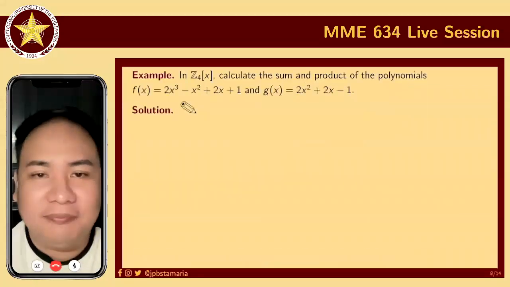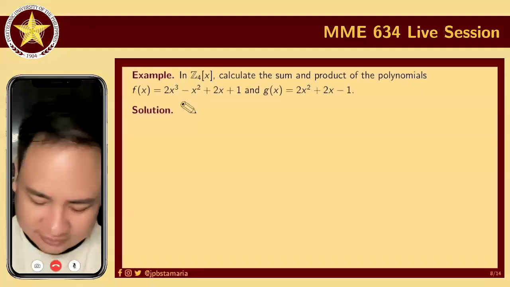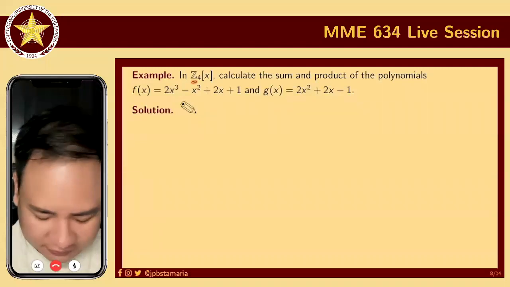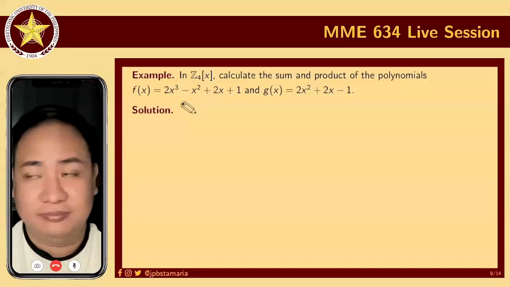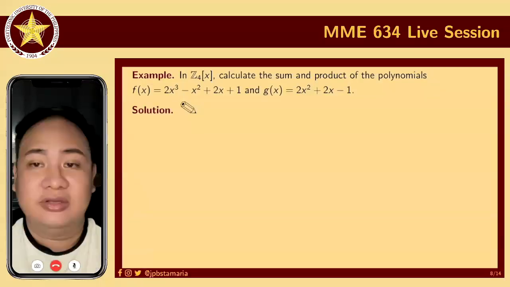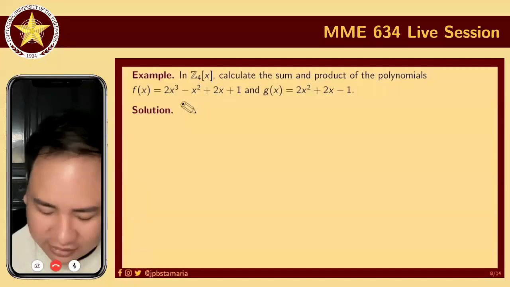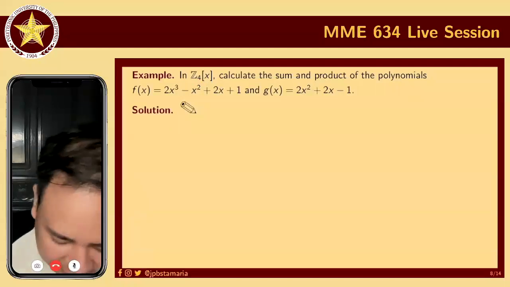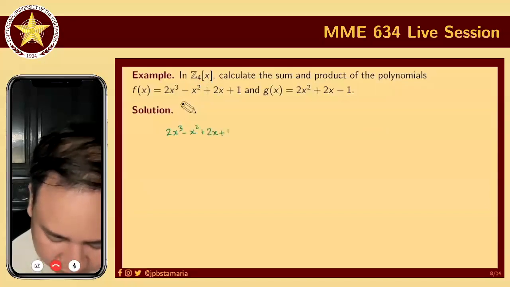So, halimbawa, this time, look at this. We're doing the calculations over which ring? Over Z sub 4. Okay? So, let's calculate the sum and product. So, I think we have to do this by hand kasi may drawing akong lapis. Ang addition naman, pinagtatapat-tapat nyo lang di ba? Ganyan, no? Tapos, 2x squared, 2x minus 1.